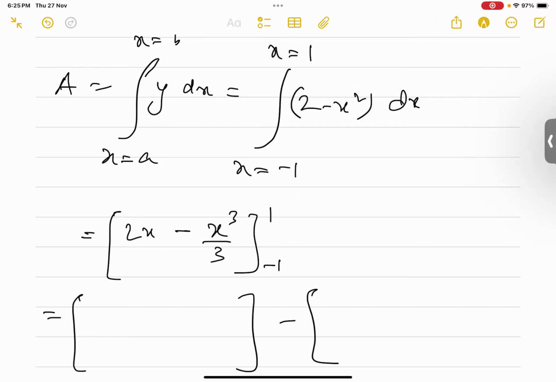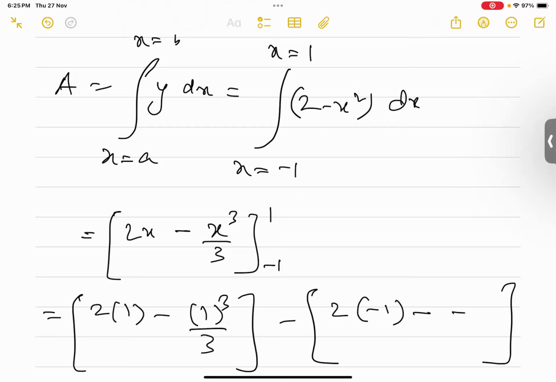Box minus box: 2 into 1 minus 1 cube by 3, minus 2 into minus 1 minus minus 1 cube by 3.